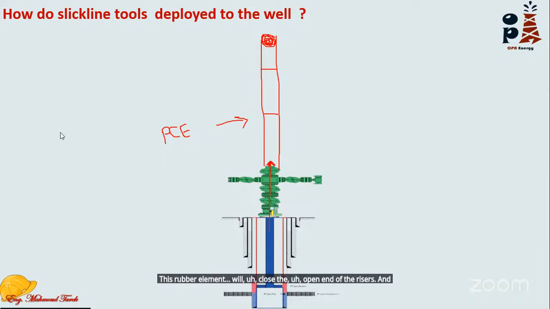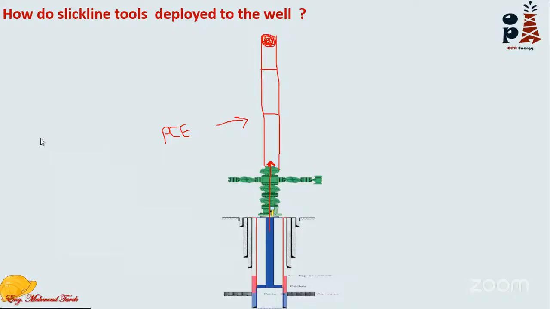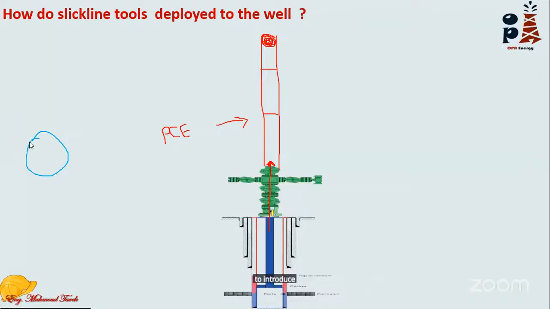And now we have our Slickline spooled on that reel. The Slickline comes to the field spooled on a reel to provide the total length you require for your operation.